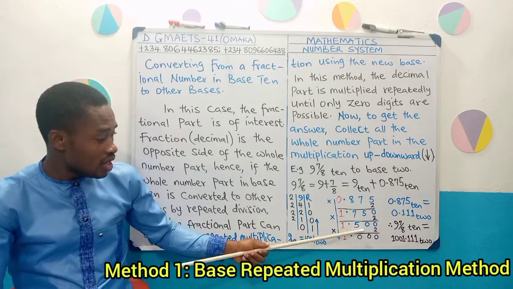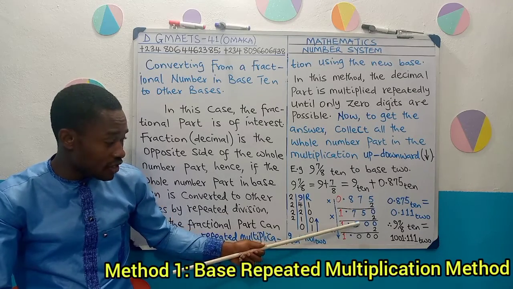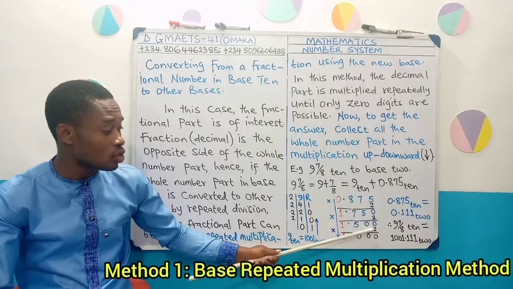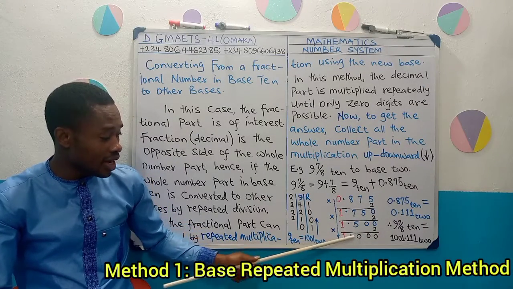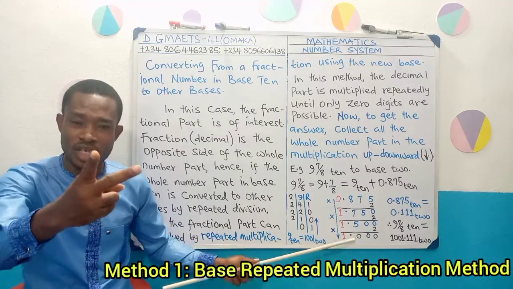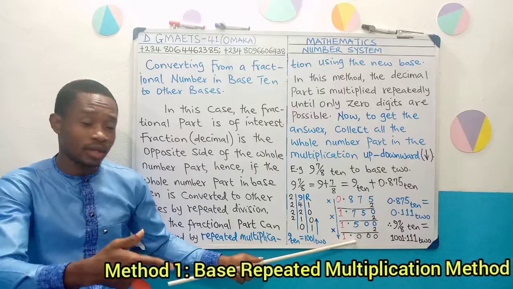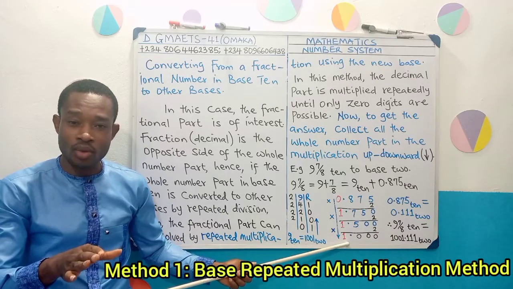We move. The next multiplication is this. The new decimal part you have is 500. So we're going to use 2 to multiply again. 2 times 0 is 0, 2 times 0 is 0, 2 times 5 is 10. Look at the 10 here, 10. Still a 2-digit number. So separate the first digit from the second one. That's why I put this point here. I hope you see how it's going, right?